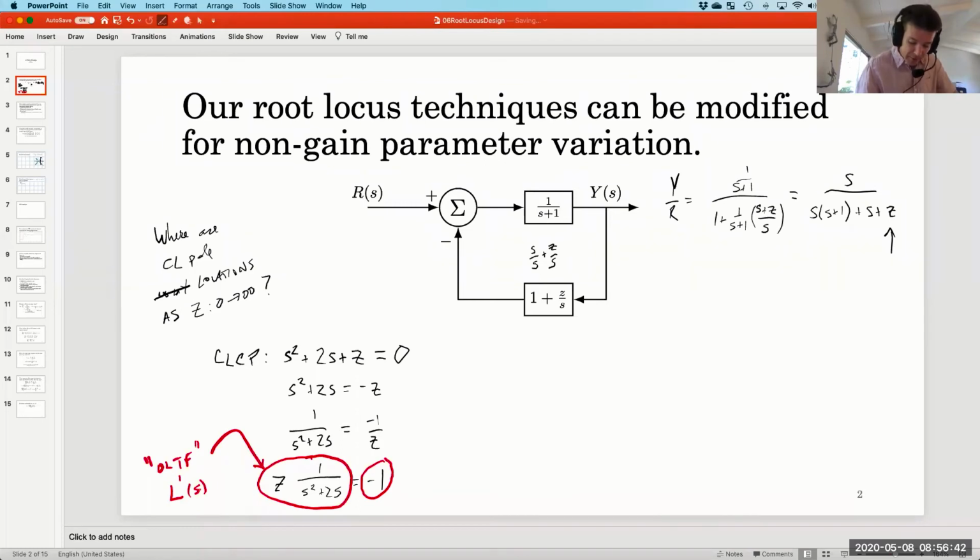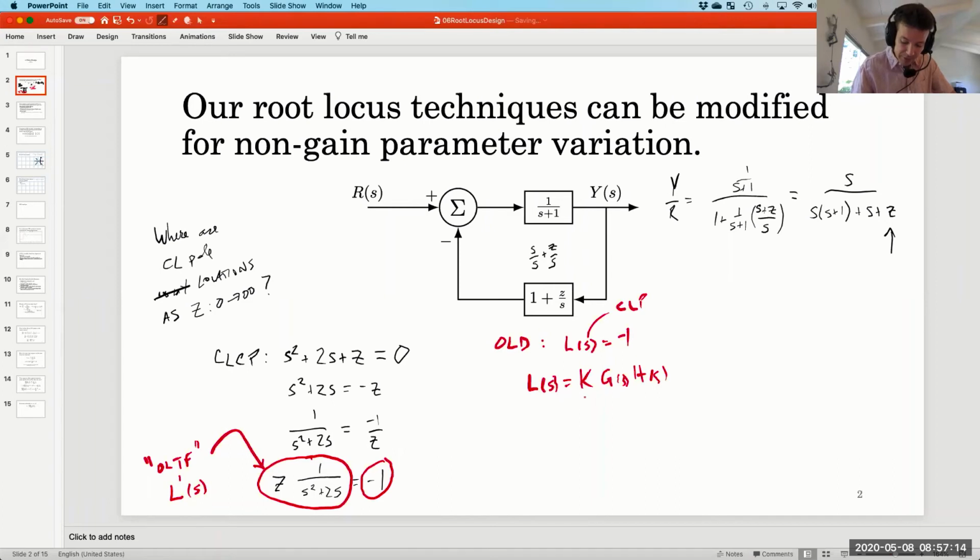What do I mean by that? I mean, in our old way, and in this case old means like 10 minutes ago, we had L of s equals negative 1. That meant that s was a closed loop pole. And our L of s was always written in the form K times G of s times H of s.